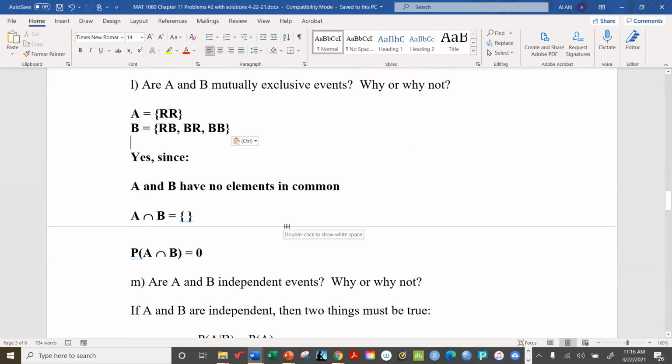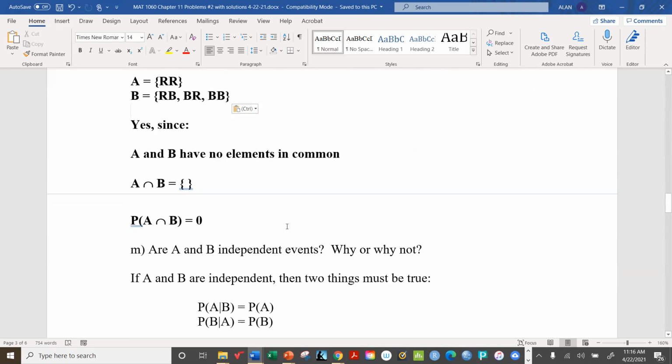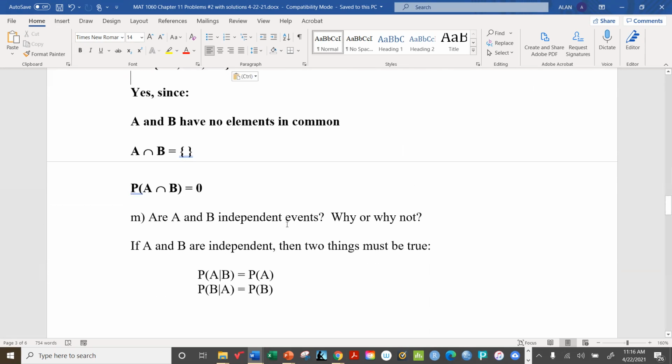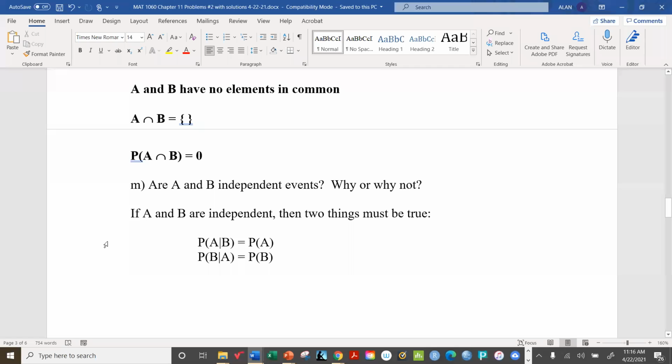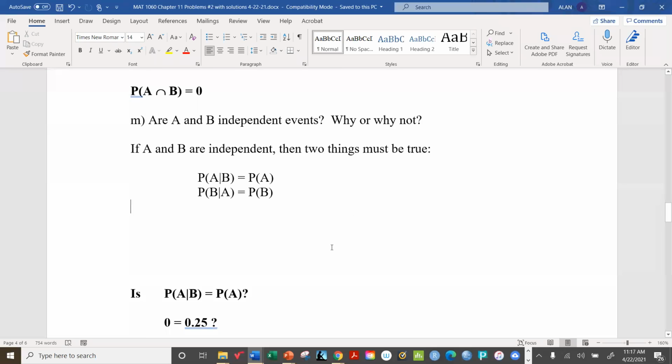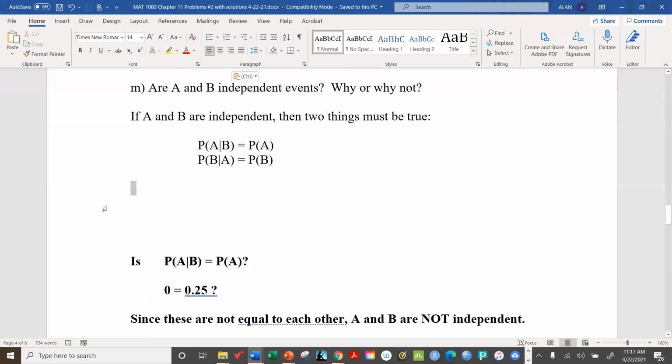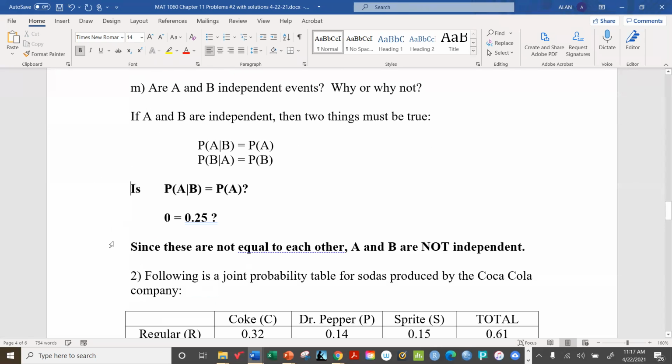And for the independence, remember we saw earlier that independence requires two different things to be true. Here we are. If either of these is false or both, then that's it. Okay, so we're going to ask ourselves first, is the first condition true?